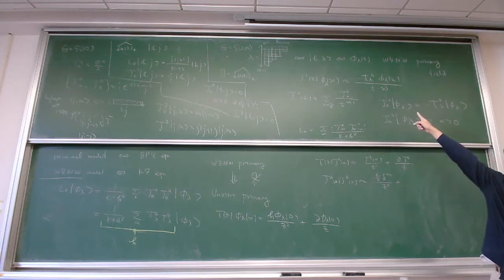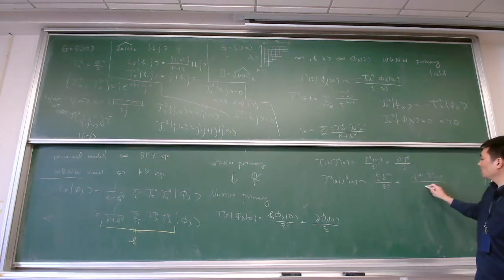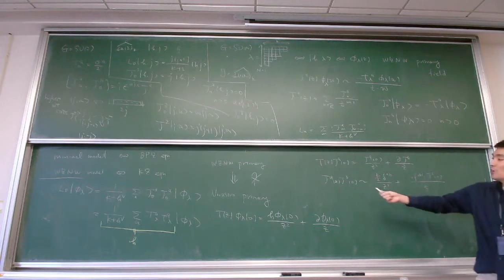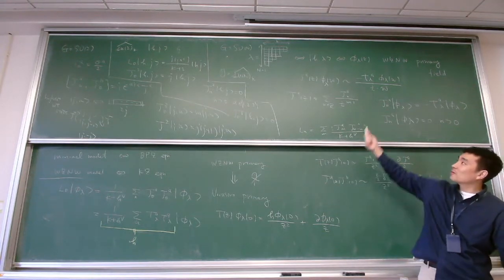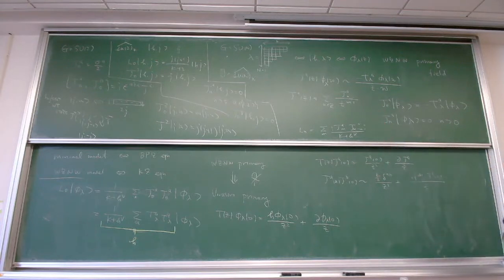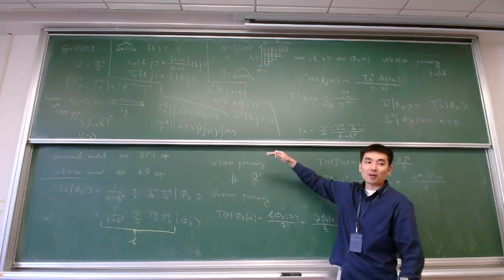So J^A is no longer a WZNW primary. Do you understand? Virasoro primary does not always mean WZNW primary.